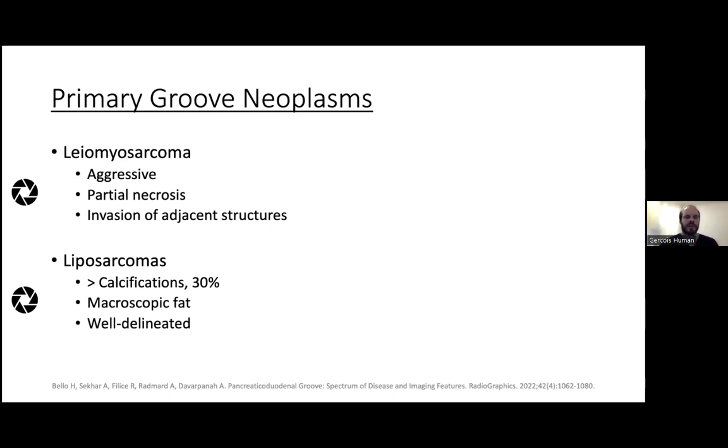Whilst liposarcomas are more commonly known with calcifications, and in 30% of them they contain macroscopic fat, which you will see either on CT as low density, bright on T2 and T1 imaging, and if you have a fat-suppressed sequence, it will definitely suppress that and become dark. They also tend to be well delineated.